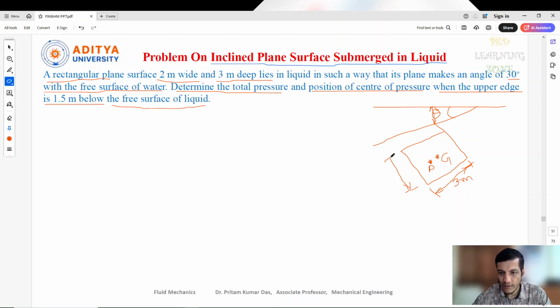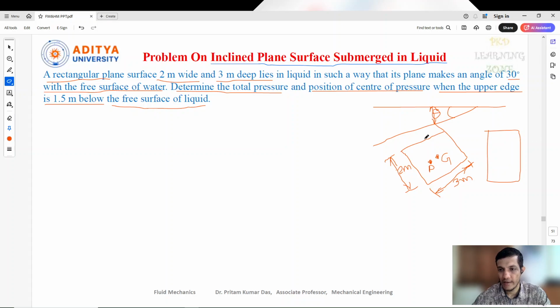So 2 meter width and 3 meter deep inside the liquid. Now this is inclined, not vertical. If you keep it vertical, it should be present like this, and then we can say this is the depth and this is the width.